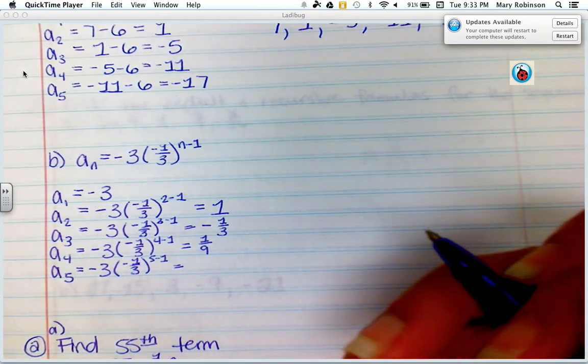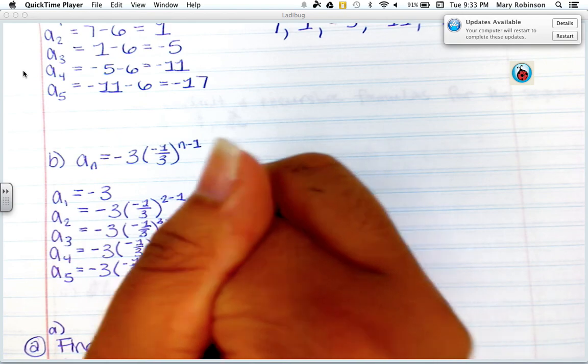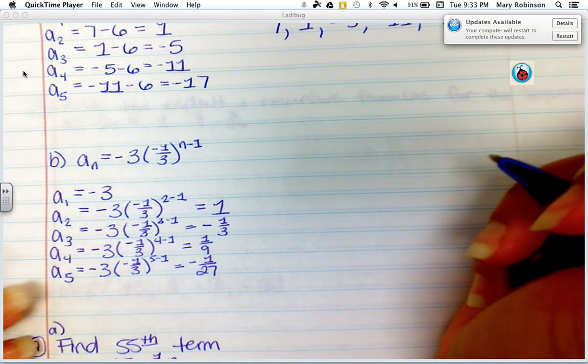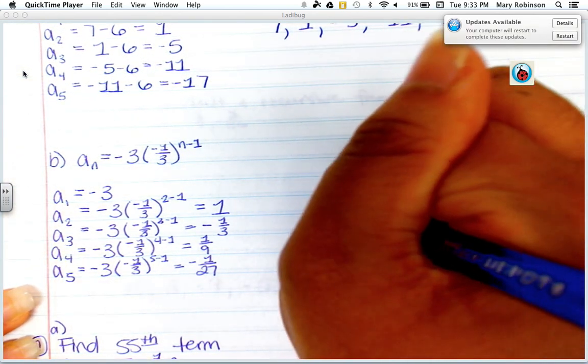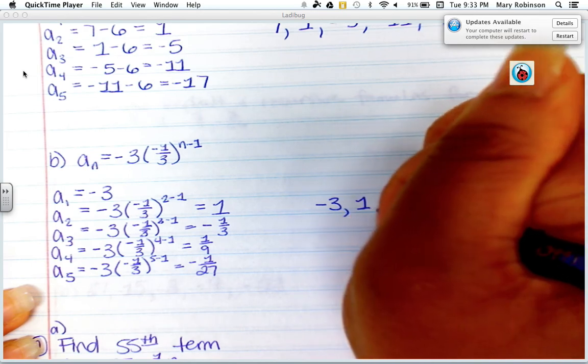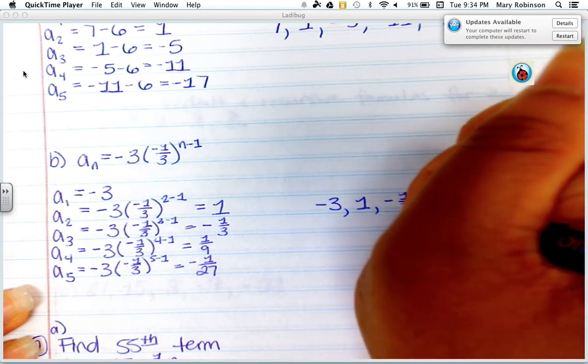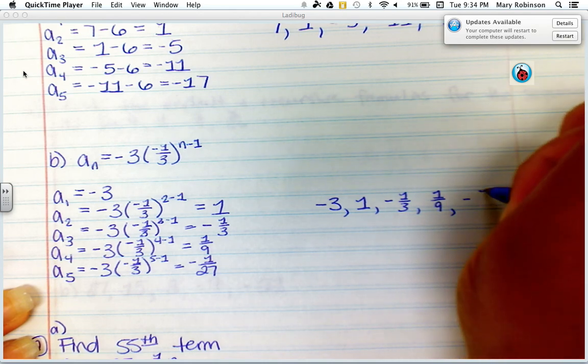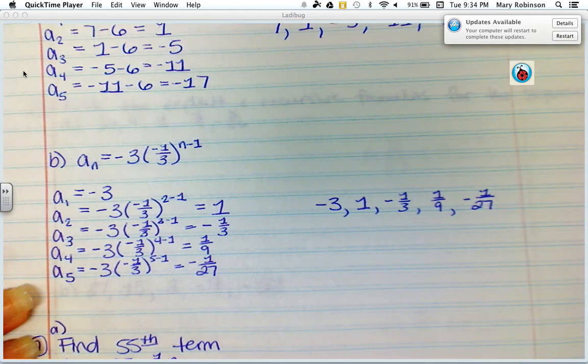And that is going to give us negative 1/27. So the first 5 terms of this sequence would be negative 3, positive 1, negative 1/3, positive 1/9, and negative 1/27. So first 5 terms, 1, 2, 3, 4, 5. If you put any more than 5, you'll have points counted off because it just asks for 5.